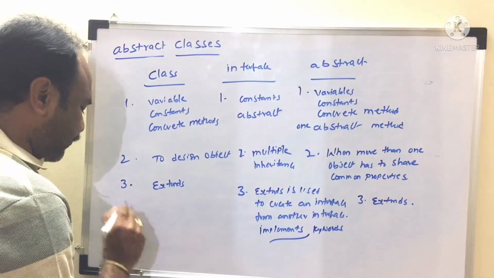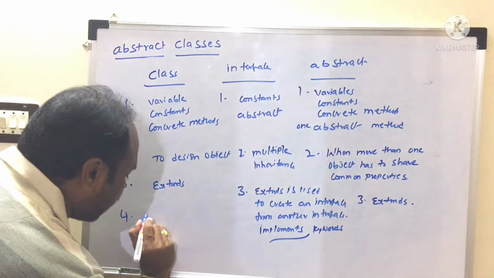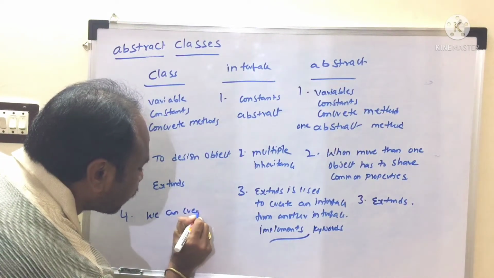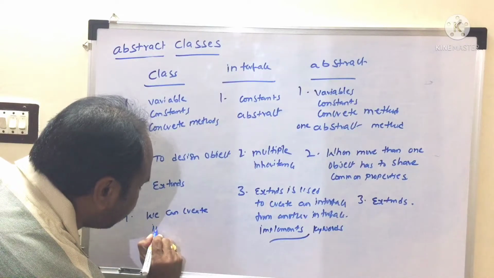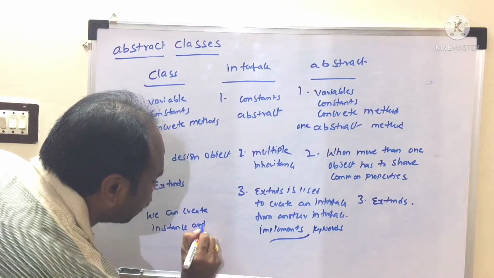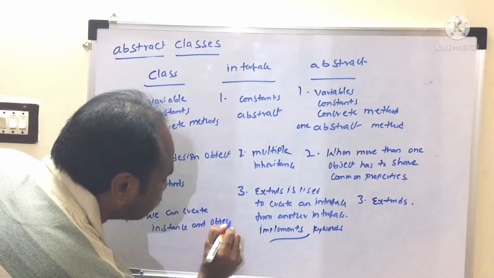Fourth point, we can create an object and instance. What is the difference between instance and object? I will explain with an example in the next video.